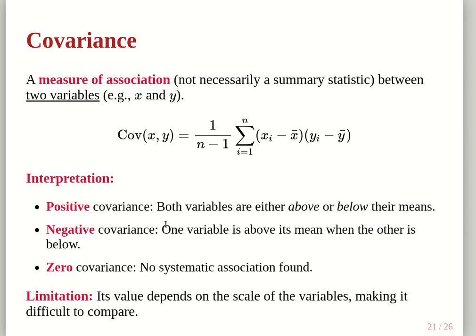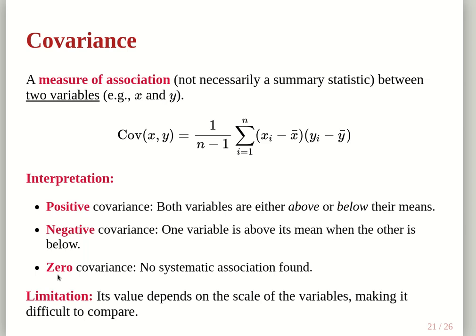Now, if my covariance has a value that falls close to 0, that might indicate that there is not a systematic association. What does that mean? That in some cases this product might be negative, but in some other cases this product might be positive, and they end up canceling each other when we add them together and return a covariance value that is closer to 0.